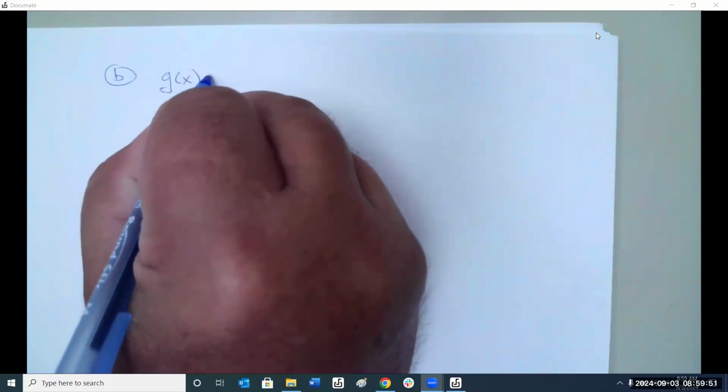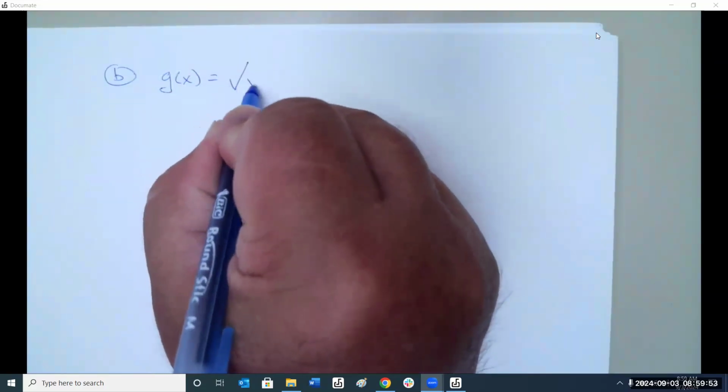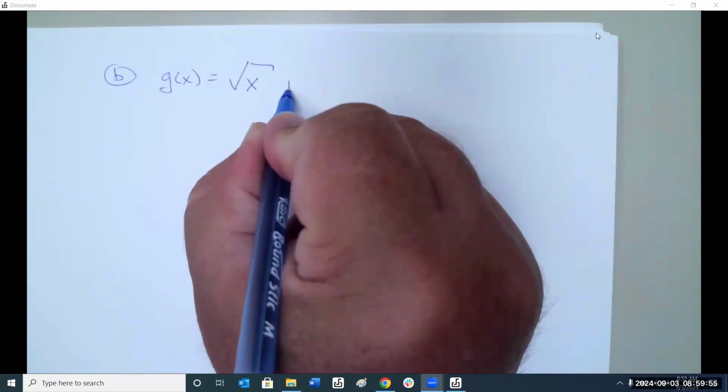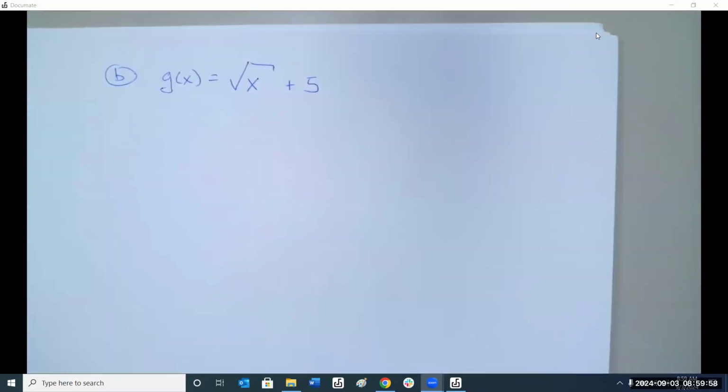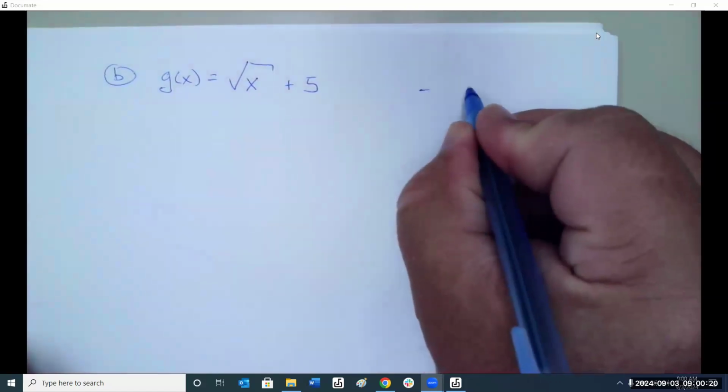G of x is equal to radical x plus 5. So looking at the equation, are there any x's you can tell me that you can't use automatically? There's only 3 types: positives, negatives, and zeros. So we have negative.